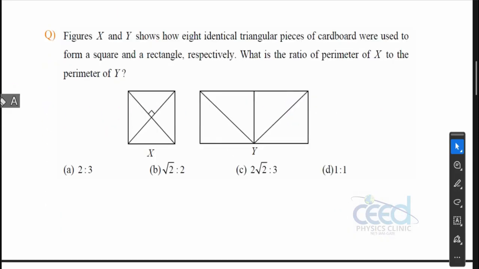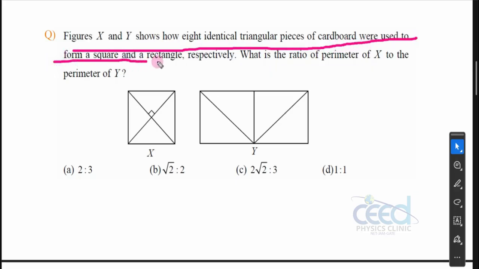See, figures X and Y show how 8 identical triangular pieces of cardboard were used to form a square and a rectangle respectively. What is the ratio of the perimeter of X to that of the perimeter of Y?